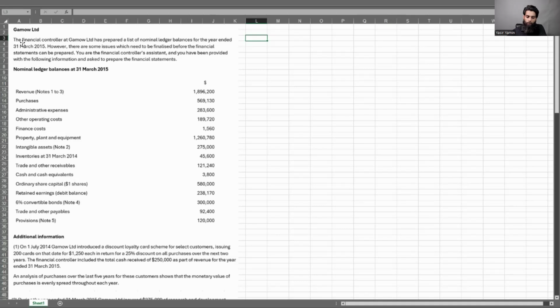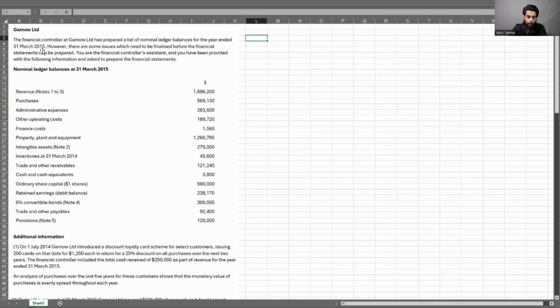And it says the financial controller at Gamow Limited has prepared a list of nominal ledger balances for the year ended 31st March 2015. Now, whenever you are in a real exam, you are given the opportunity to highlight important things. Always make sure that you highlight the year end. It will help you a lot.